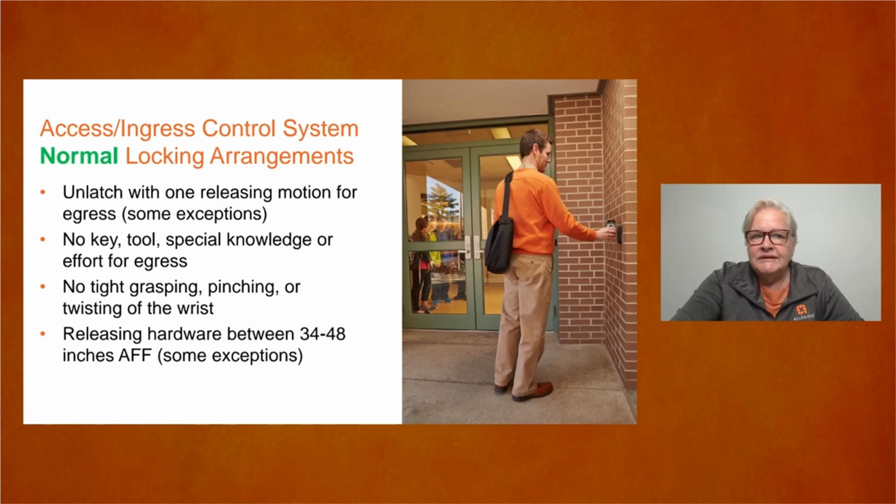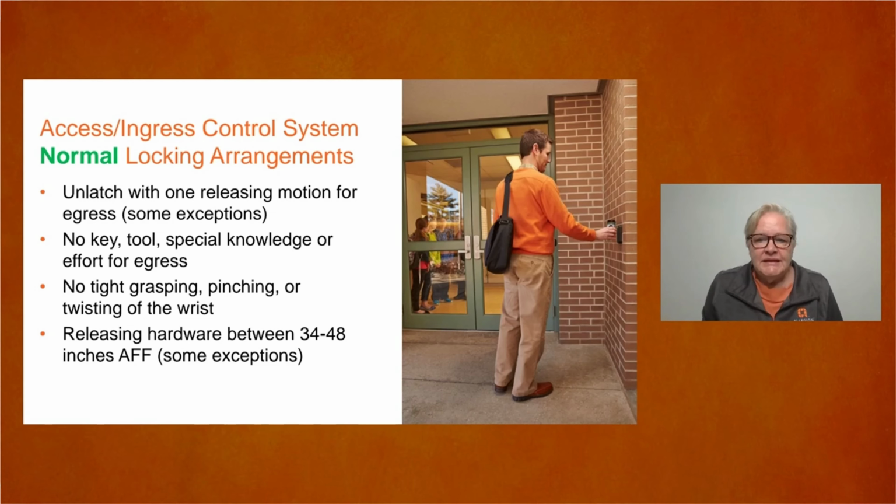So what type of system is this? This is the one that you see all the time. This is where you don't have hardware that is going to affect egress like a delayed egress system or a controlled egress system would. So these are doors where there's usually a reader on the outside to release the hardware for ingress or access, but egress is not affected by the electronics of the system.